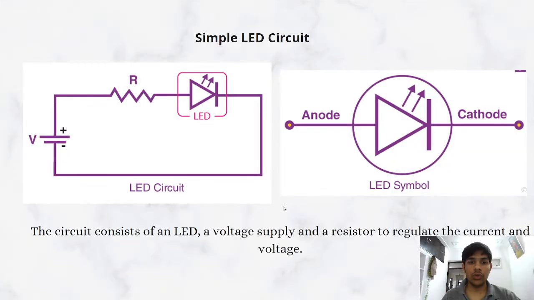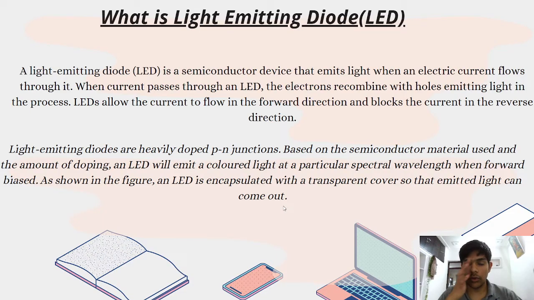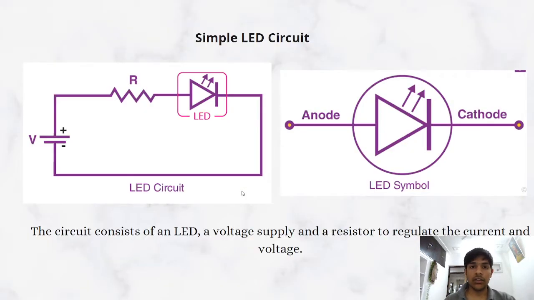And if the wavelength of the photon lies in the visible range, then we see light of different colors depending on the energy gaps between the conduction and the valence band. An LED is encapsulated with a transparent cover so that the emitted light can come out.